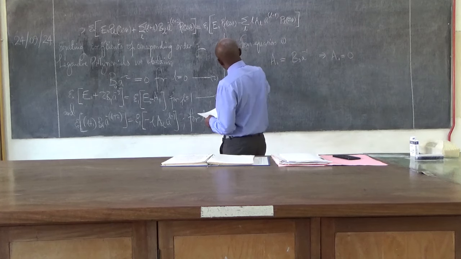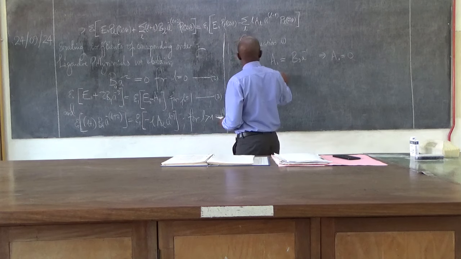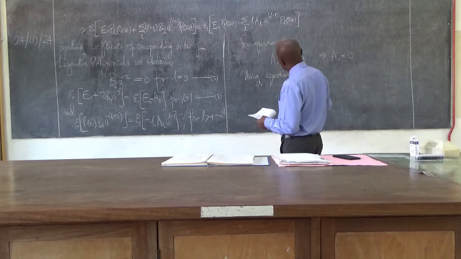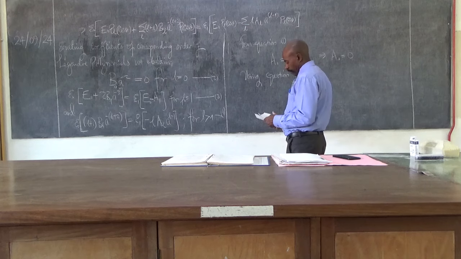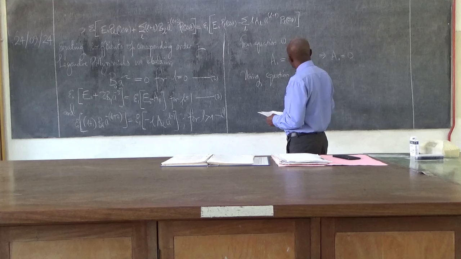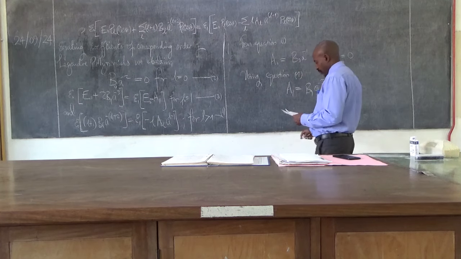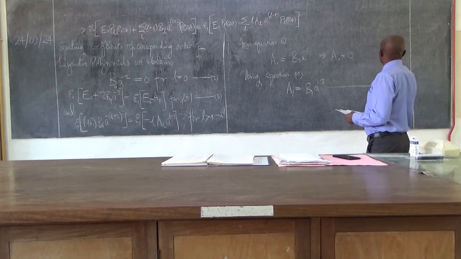Using equation 1, A1 would be equal to B1 A to the power minus 3. You can call this one equation 5.